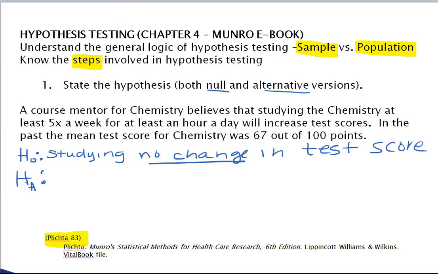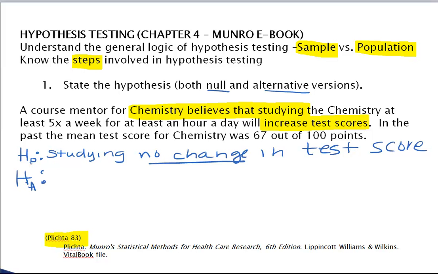So the person here believes that studying this often will increase test scores. So that means that there is a change. So this is typically what the researcher thinks is the alternative.